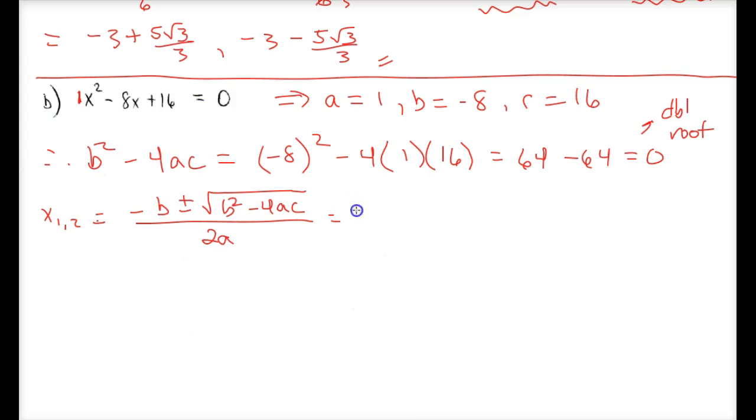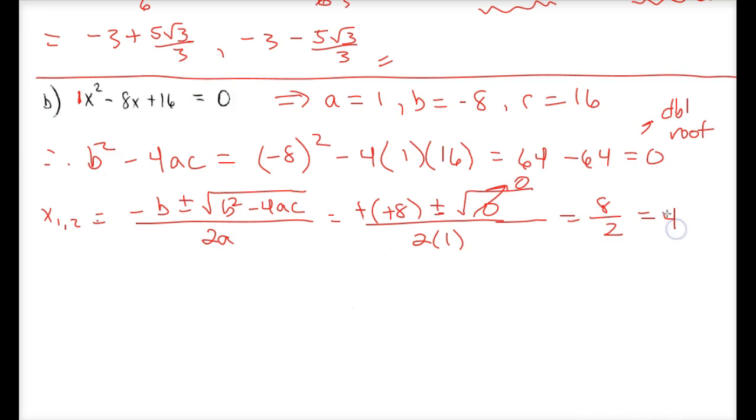All right, so we know that our b is going to be negative 8, plus or minus. We know that our discriminant here is 0, and of course a is 1. So all that is just 0, and a negative times a negative is a positive. So we just end up having 8 divided by 2, which is just 4. And so that is our only solution here.